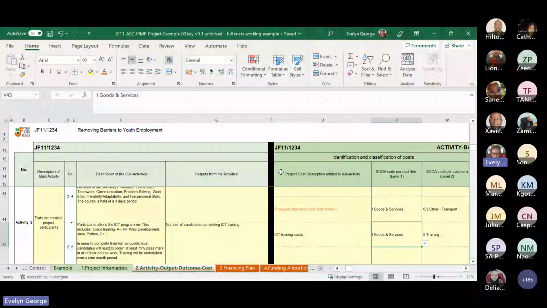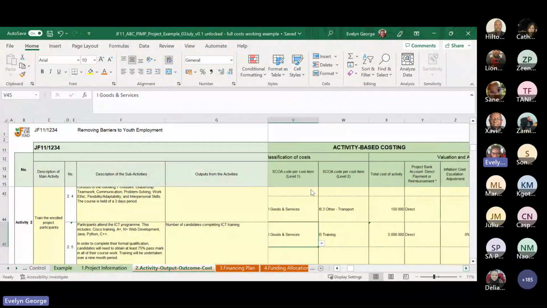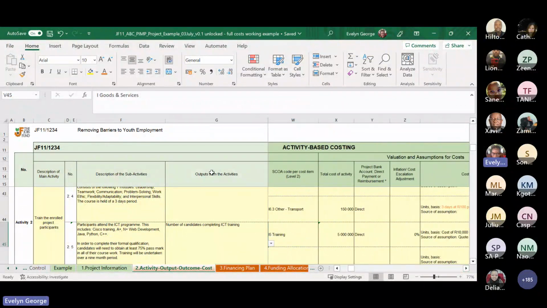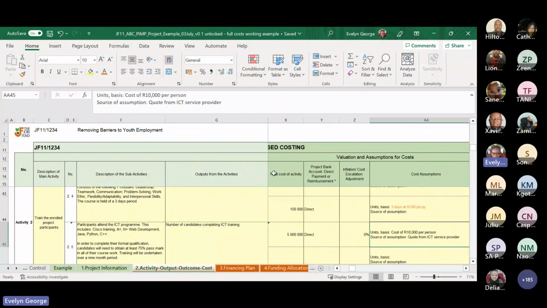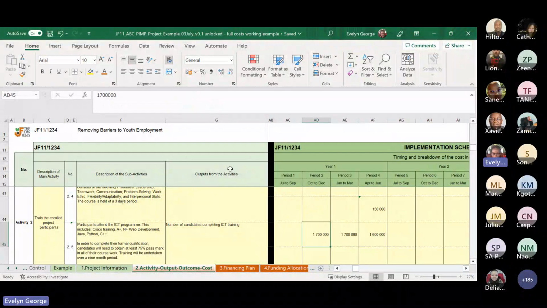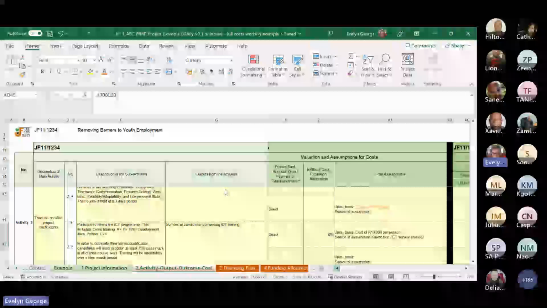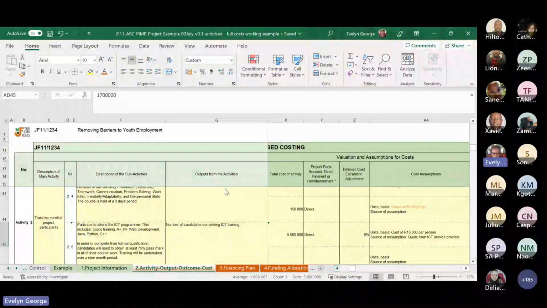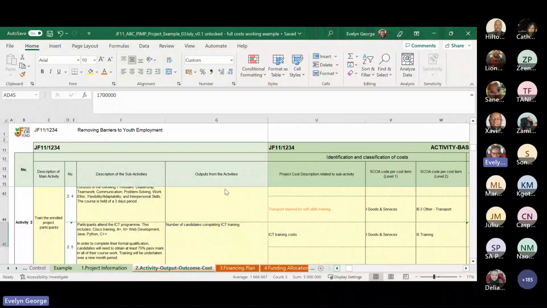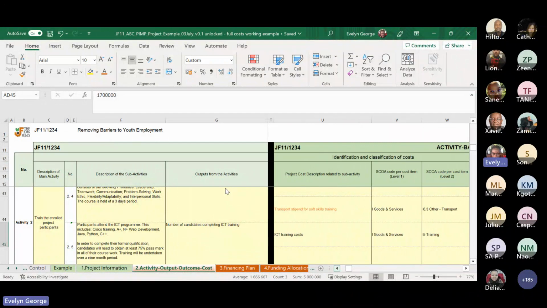Again, it's listed under training here, as a direct cost, and it's based on 10,000 per person. I think we've assumed that all 500 will pay. So whether they drop out or not, there is a cost associated with it, unfortunately, and that's rolled out in the period that we expect to pay. I want to pause here just to hear if there are any follow-ups or questions before I go on.